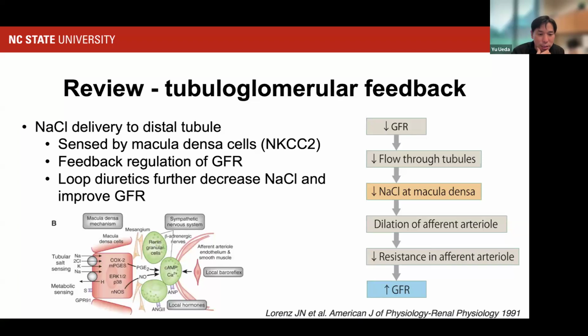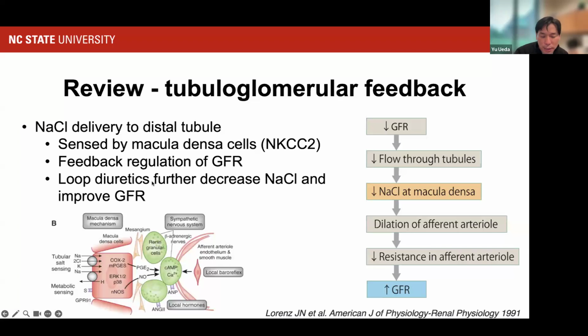Especially it is actually the chloride, but again, this is through the sodium potassium 2 chloride transporters on the luminal membrane of the macula densa cells. The decreased sodium chloride at the macula densa eventually results in dilation of the afferent arterioles, leading to an improved GFR, glomerular filtration rate.